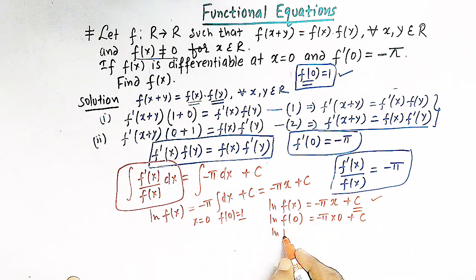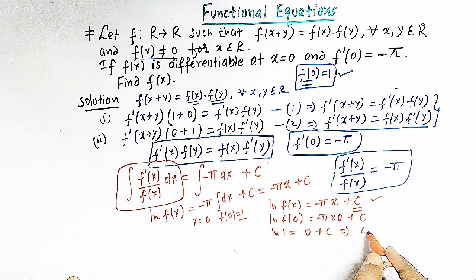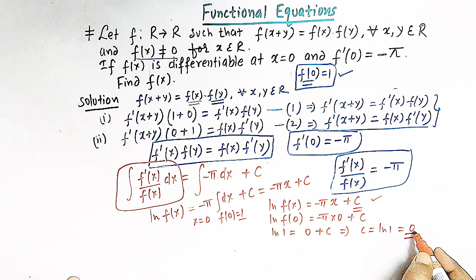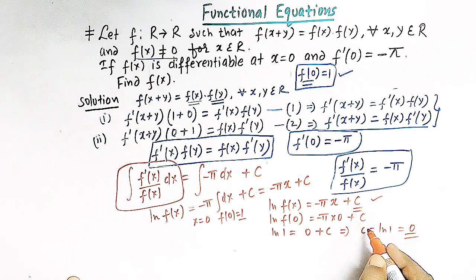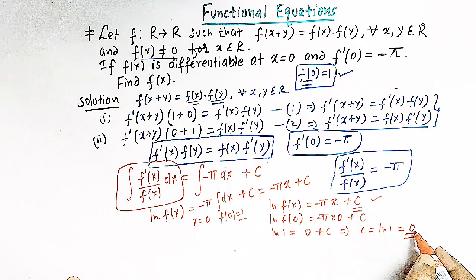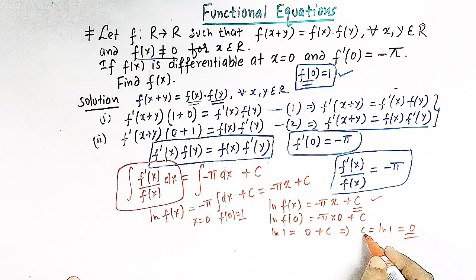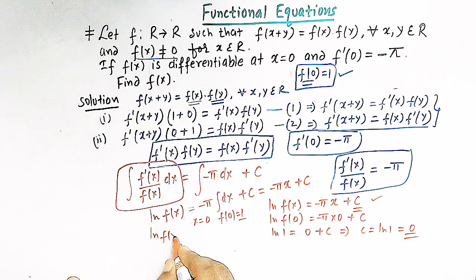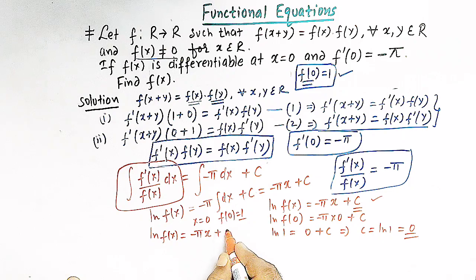So we have log of 1 is equal to 0 plus c, and that is c is equal to the natural log of 1, that is equal to 0, because log of 1 is 0. So the constant of integration c is now equal to 0. So let us substitute this value of c in this equation. So we have log of f of x is simply equal to minus pi x plus 0, that is minus pi x.